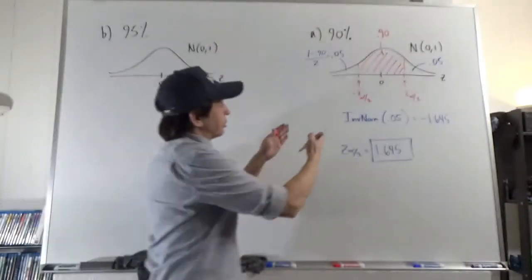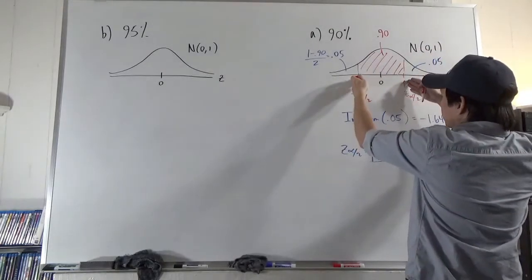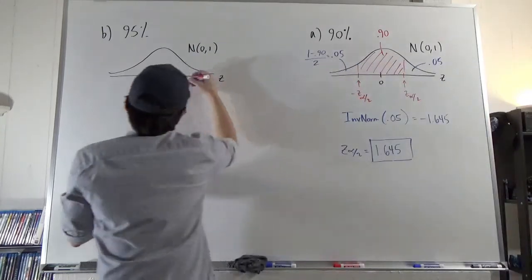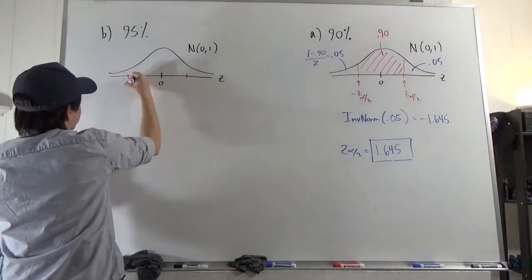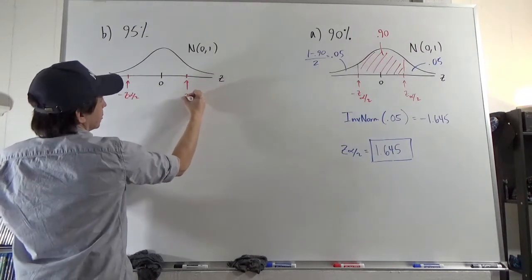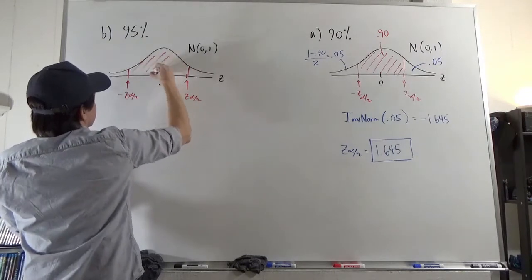It has to have more area, so it's the same curve, it's a standard normal curve, so to have more percentage of the area, it needs to be wider. It's going to be a bigger number. So I'm going to draw it a little bit wider to emphasize that. But these are definitely not to scale.